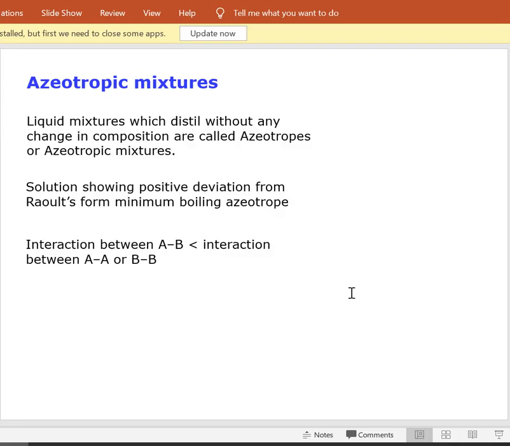These are called azeotropes or constant boiling mixtures, known by both names. Because the whole azeotrope changes into the vapor state at constant temperature, and their components cannot be separated by fractional distillation. Why? Because they boil at a constant temperature, just as a pure liquid boils at a constant temperature. Similarly the azeotropes boil at a constant temperature, so they cannot be separated by fractional distillation.